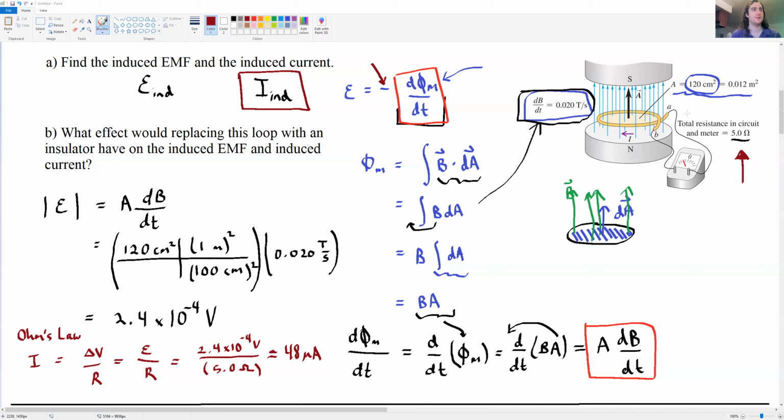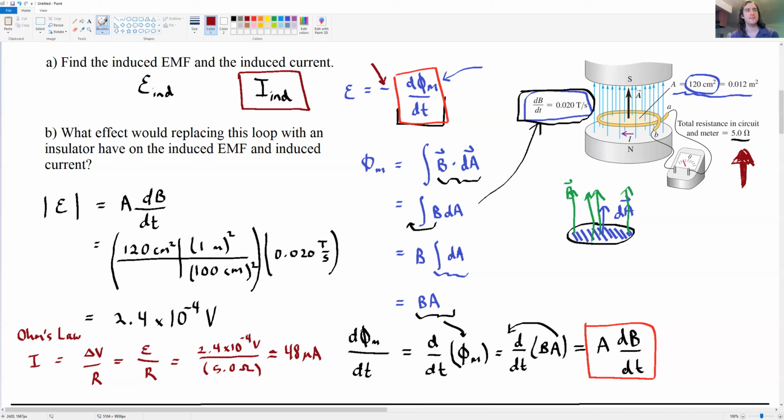What is going to change? Well, if we have an insulator, then insulators don't allow the motion of charge, right? The resistance is going to change. Right, Sean. So the resistance is going to change. This value of R is going to be huge compared to what it was before.